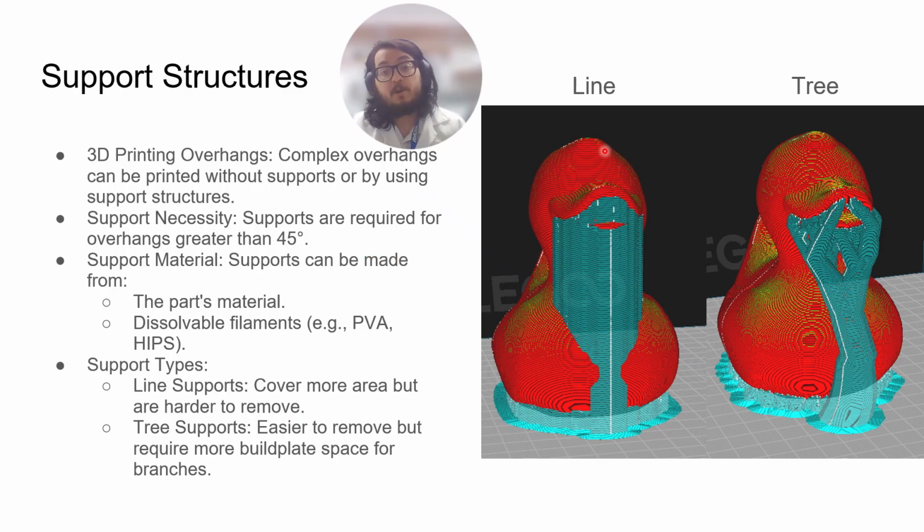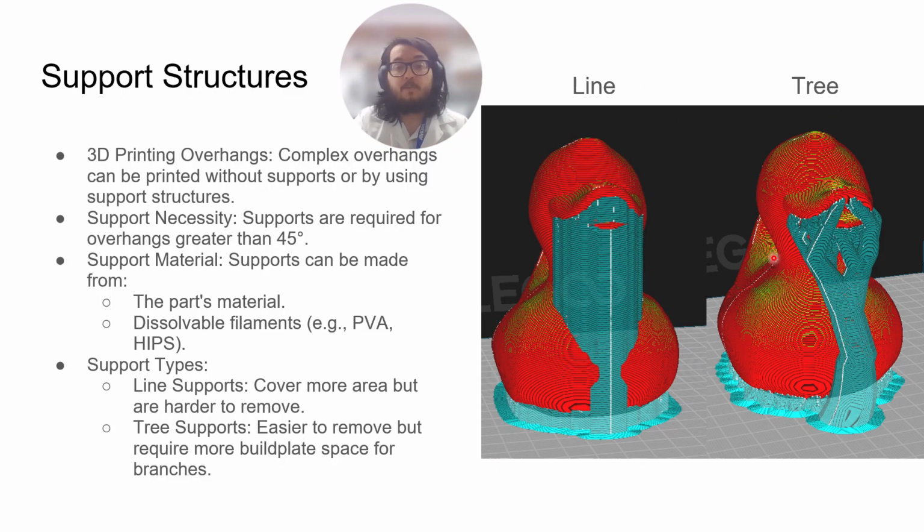One alternative to trying to avoid this is changing your type of support. Typically, you have two types of support. You have line supports. They cover more area and create very thin lines, in a zigzag manner or a concentric manner, or different shapes. Those are very easy to break, but they need to be directly underneath the part that has the overhang.